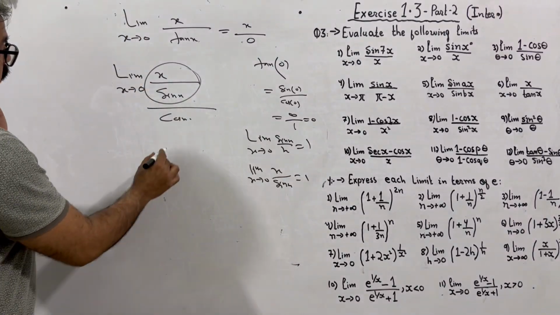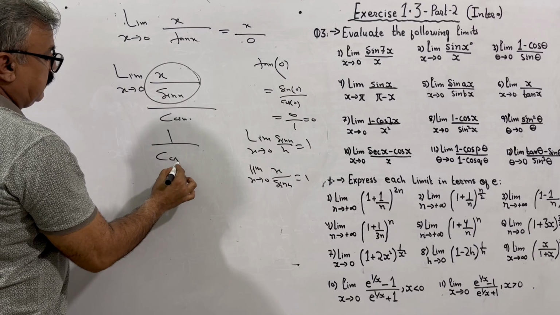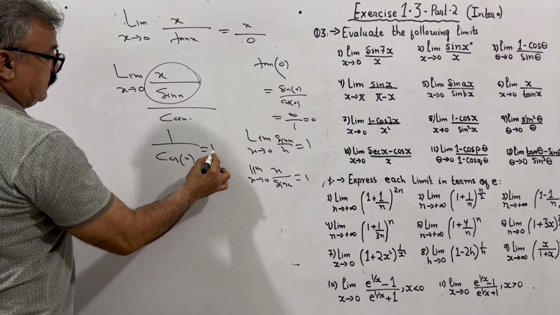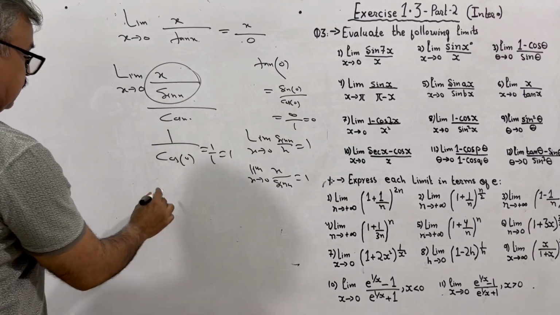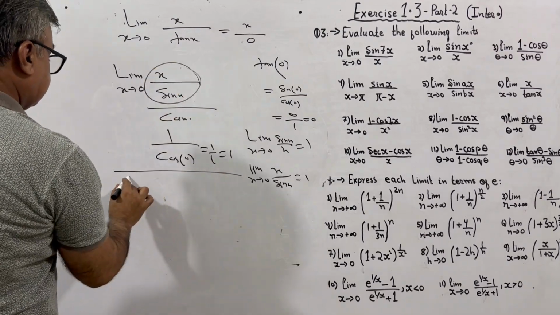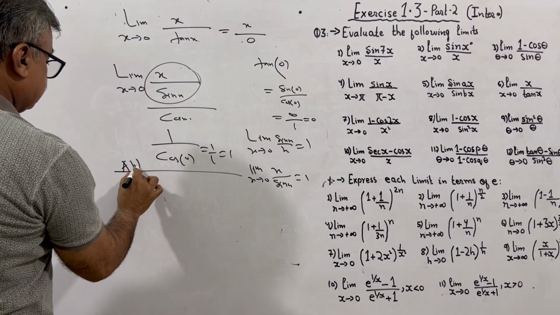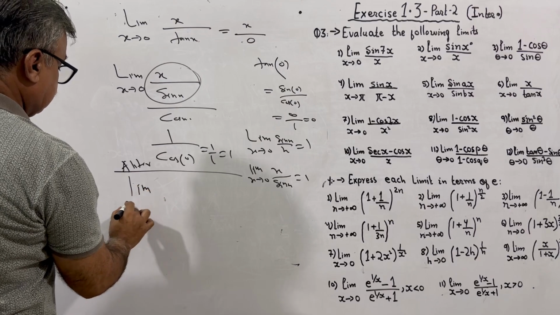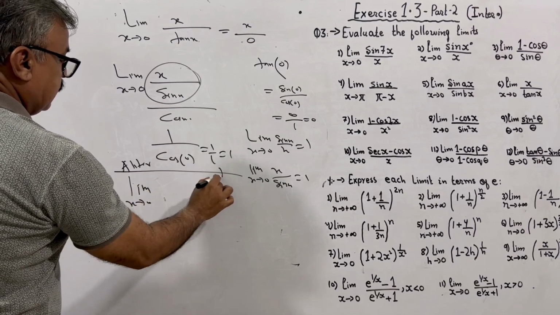So it's equal to 1 over cos 0, and cos 0 is 1. 1 over 1, 1 is our answer.